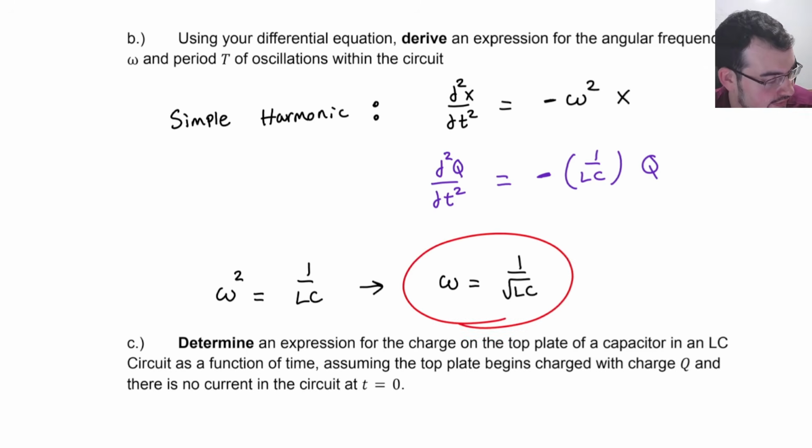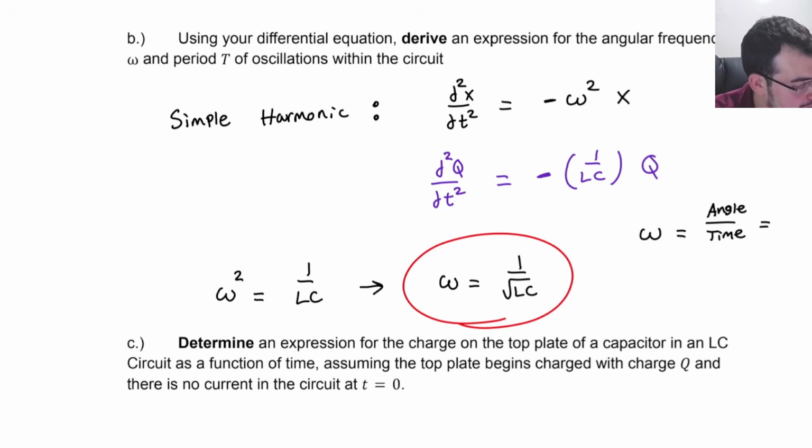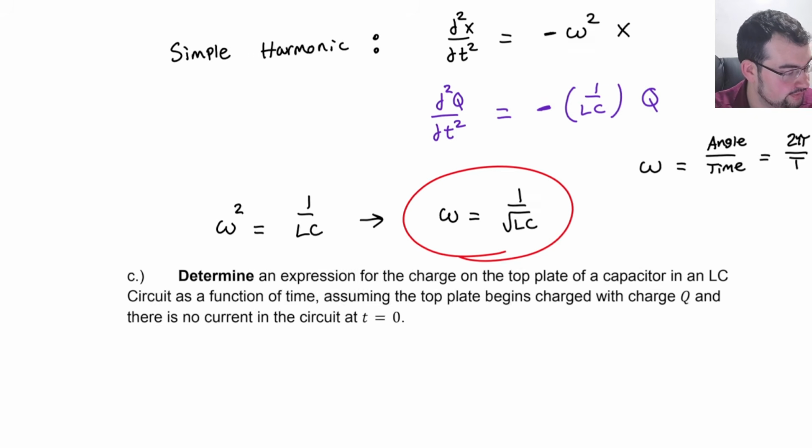And we also want to find what's called the period of oscillations. So what is omega? Well, omega is angular velocity. So omega is defined as angle per time. And if we wanted to relate that to the period, well, in one cycle T, you would have swept out an entire unit circle, 2 pi worth of angles.